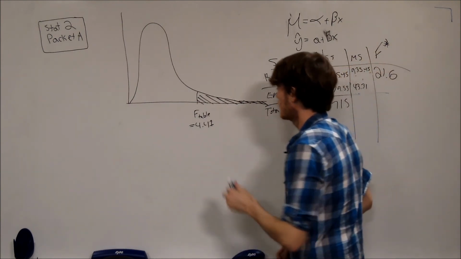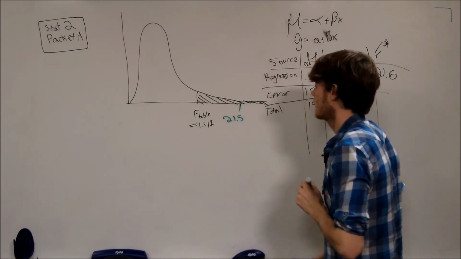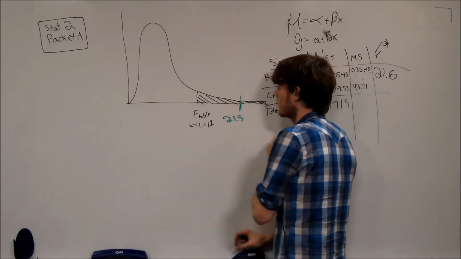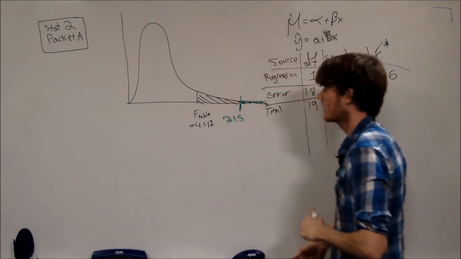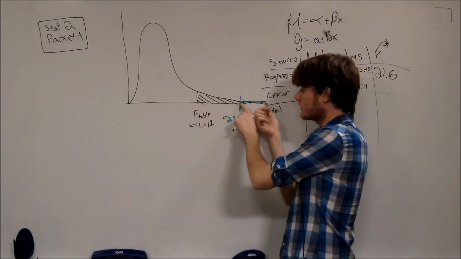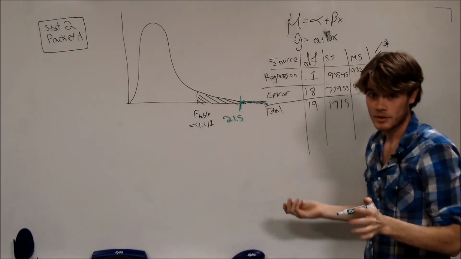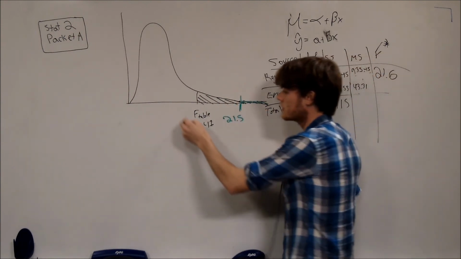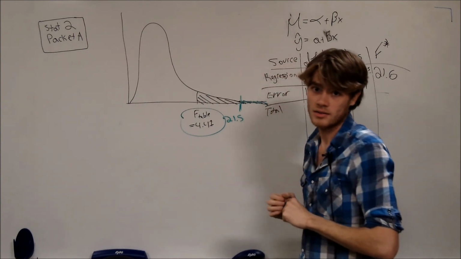This is our f calc, 21.6. And the area that's associated with 21.6 is just this area, okay? Now, if this area is 0.05, this area is smaller than 0.05, and the area is the p-value. So this can be interpreted as the minimum f value needed to reject h naught.